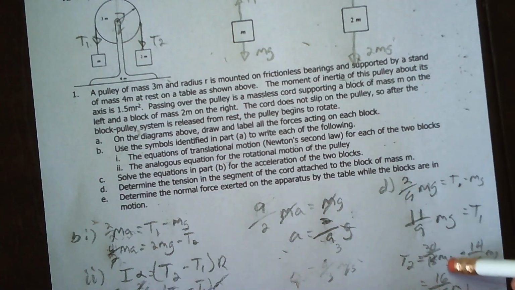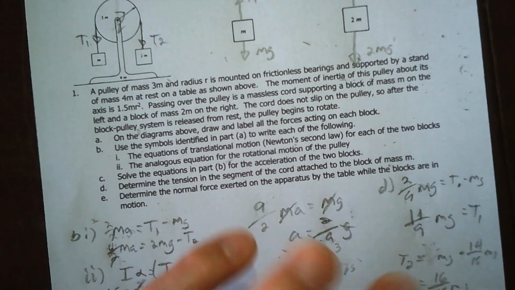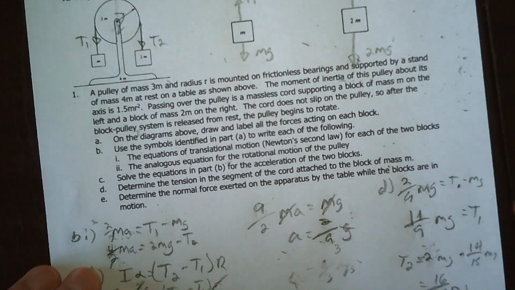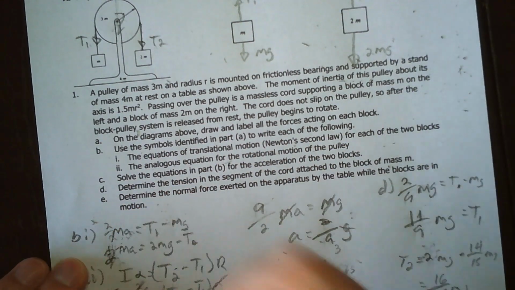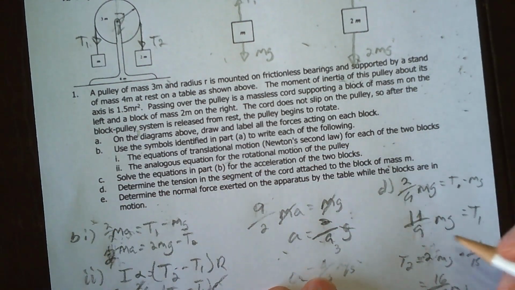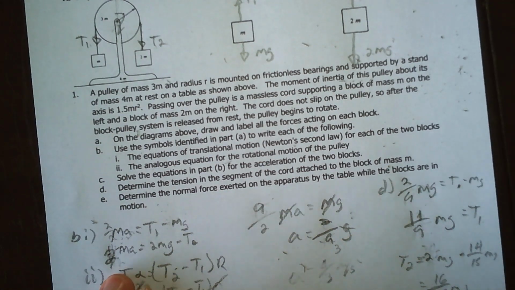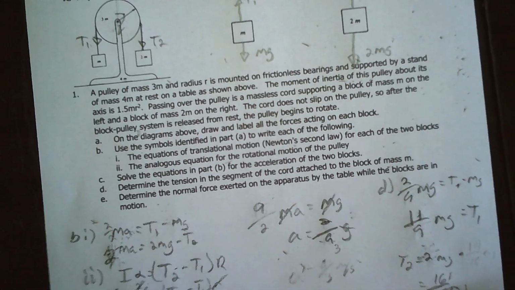All right, then T2, let's see, T2 is going to be 2mg minus, and this was 2. All right, so 2/9 g, so that's going to be 4/9 mg, so minus 4/9 mg.